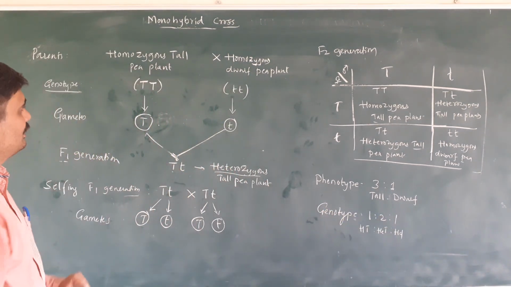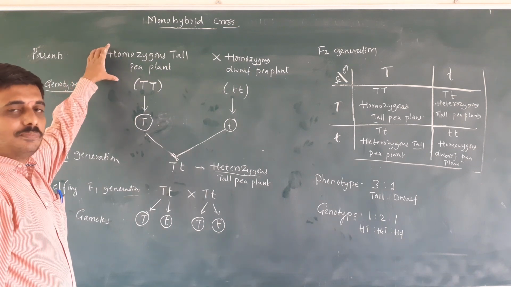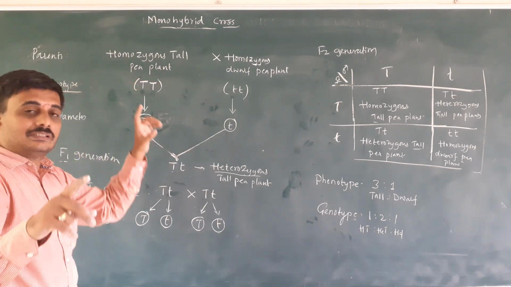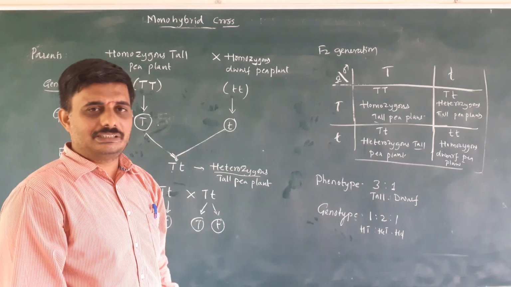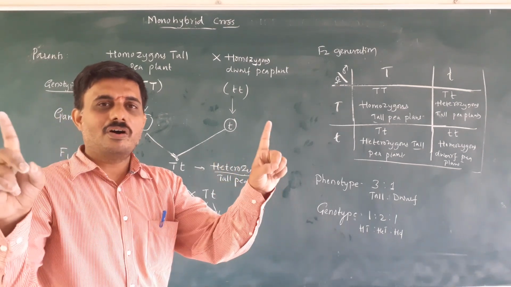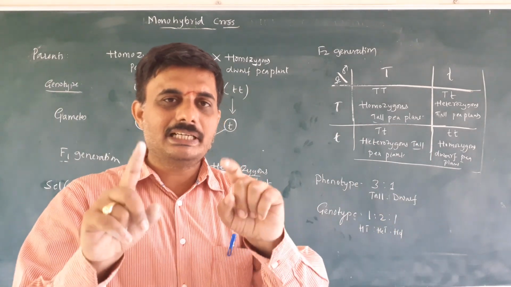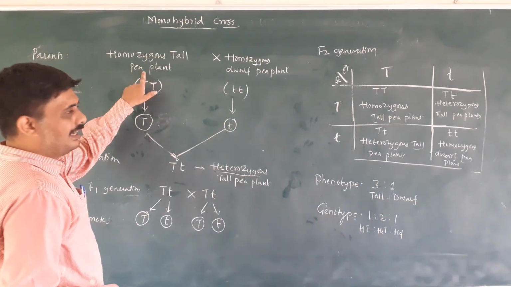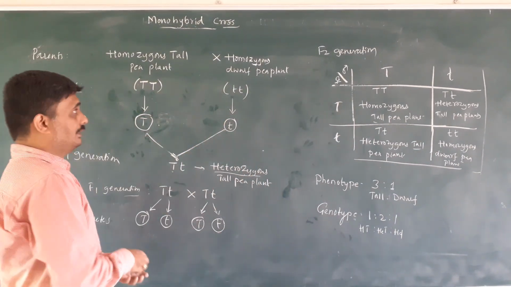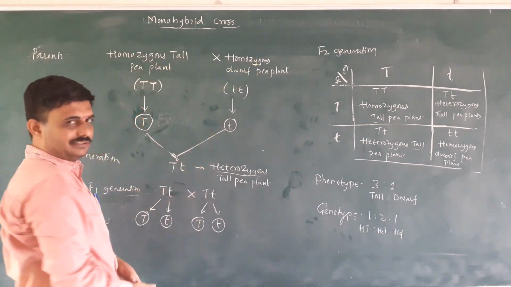What he did was a monohybrid cross: the inheritance of a single gene, or the cross or hybridization of two contrasting traits of a single character, tall to dwarf, and that too with pure line cultures.